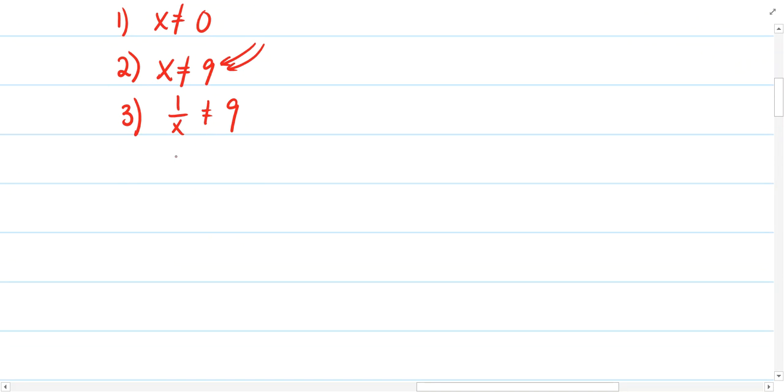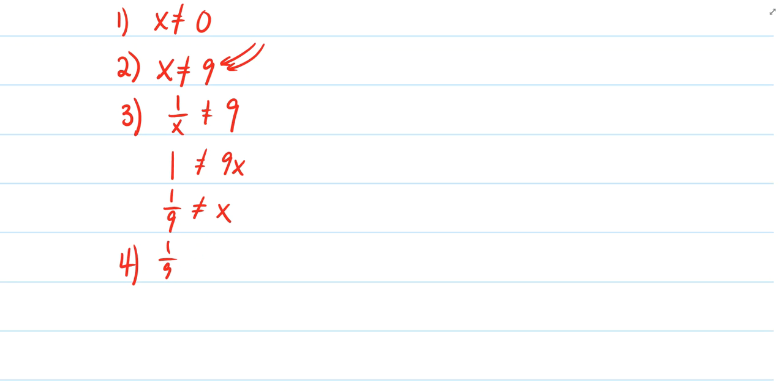One common approach is to multiply both sides by x. So now we know that 1 is not allowed to equal 9x. Now we can divide both sides by 9, and we see that 1/9 is not equal to x. So we've now established that the domain restriction, according to step 3, is 1/9.